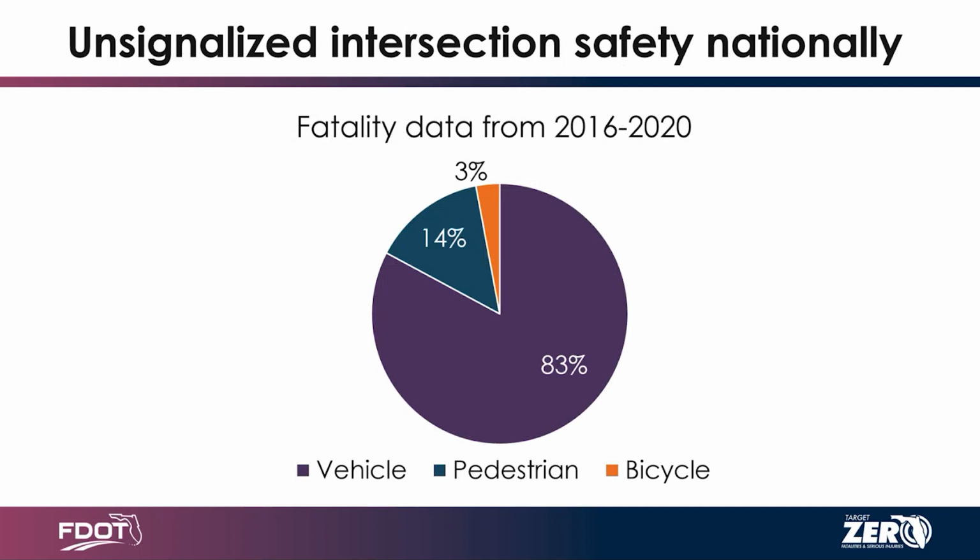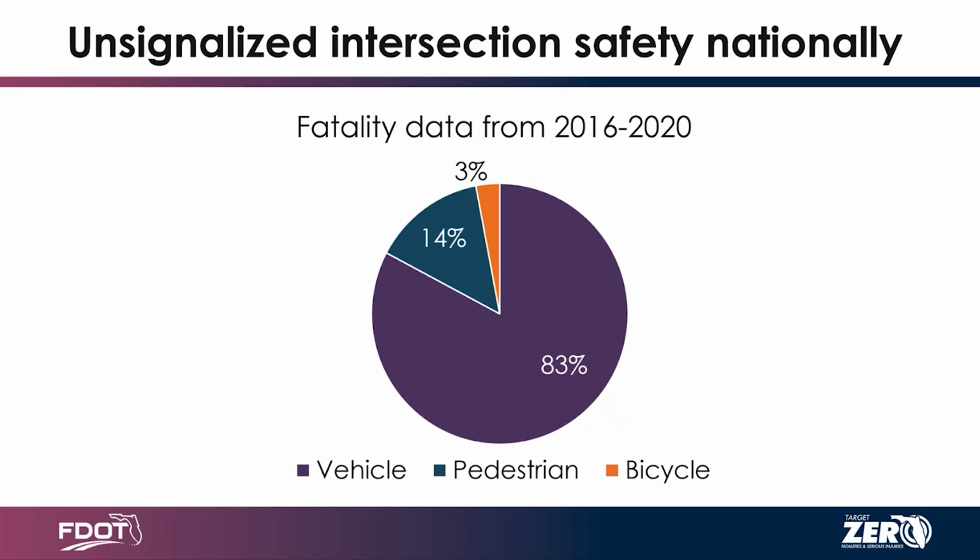And so really, we're going to talk about two different types of intersections: unsignalized intersections and signalized intersections. Unsignalized intersections include stop controlled, yield controlled, and roundabouts as well. From 2016 through 2020 nationally, 83% of those fatal crashes were vehicle, 14% were pedestrian, and 3% were bicycle.